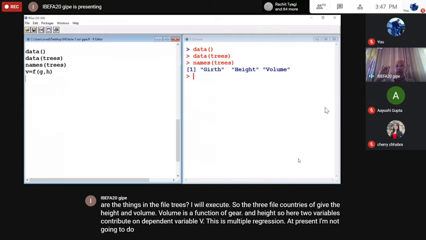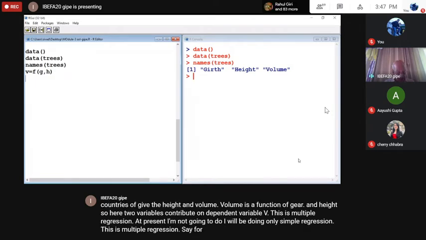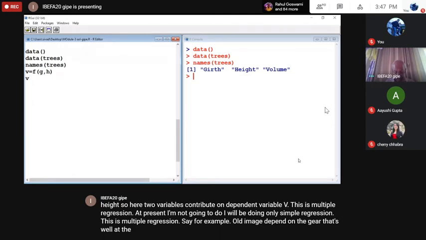I will be doing only simple regression. Say, for example, volume is dependent on the girth as well as the height. So one of them will be my variable. I will be taking girth as the other variable.